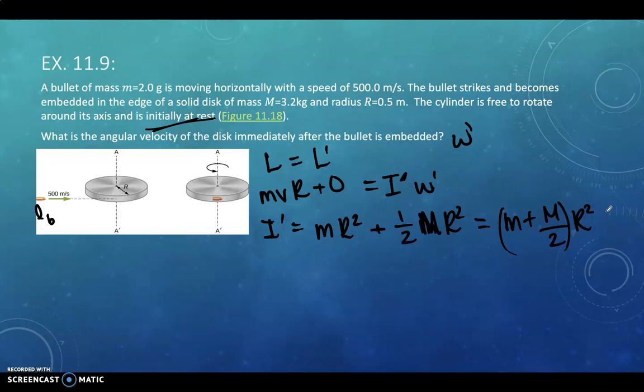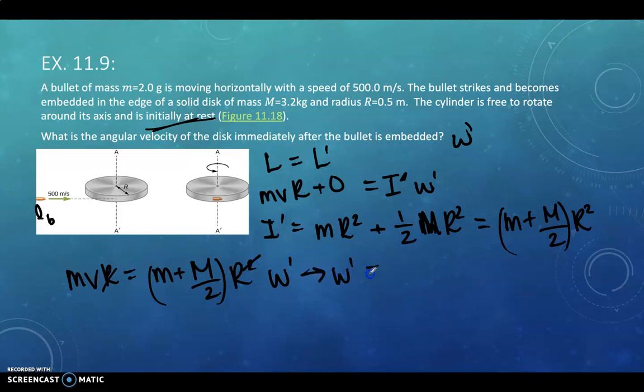So now we can plug this in. We have mvr is equal to m plus capital M over 2 r squared times omega prime. So one of these cancels, so we should get omega prime is equal to mv over m plus capital M over 2.